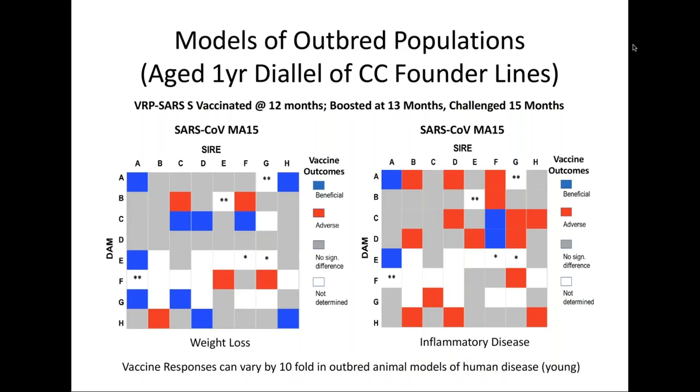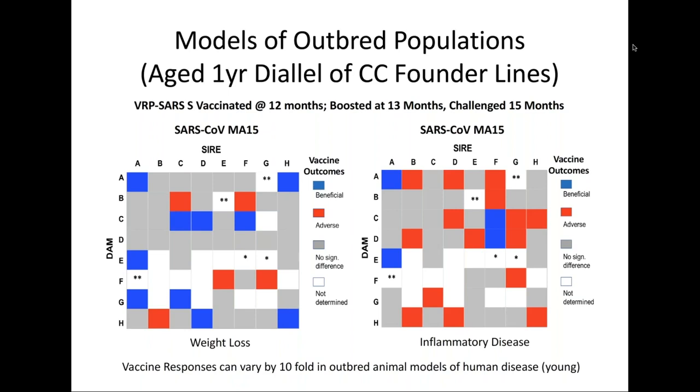In contrast to what's seen in regular BALB/c or B6 animals, either young or old, where you do see immune pathology but not increased lethality or weight loss, these phenotypes begin to emerge when you scramble the genetics of the population. So for example, anything here in blue is an F1 group of animals that had a beneficial response following vaccination, and the vaccine either significantly reduced the virus titer or completely cleared it prior to infection, and there was no evidence of immune pathology.